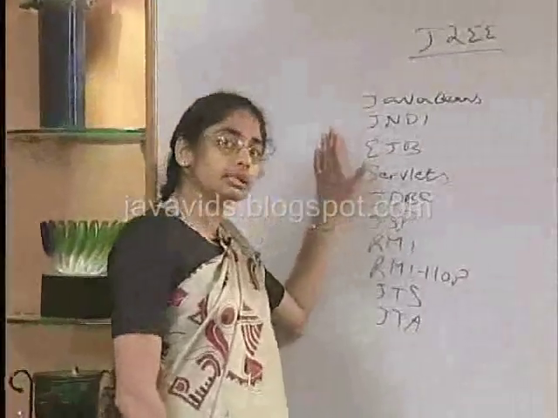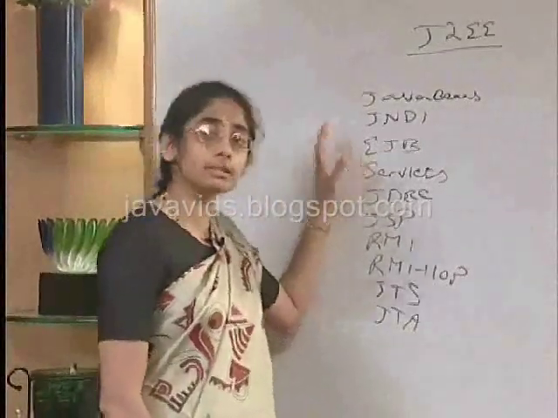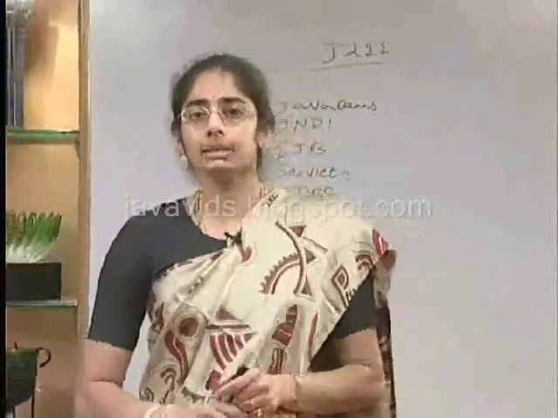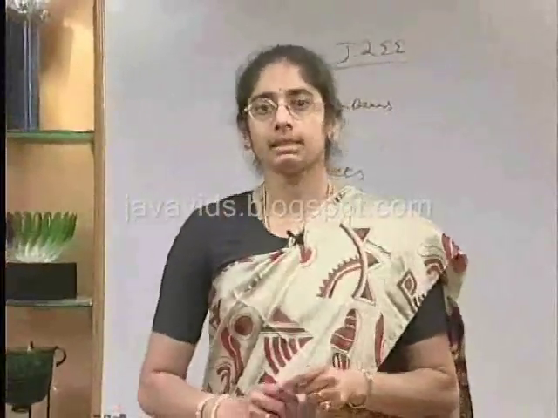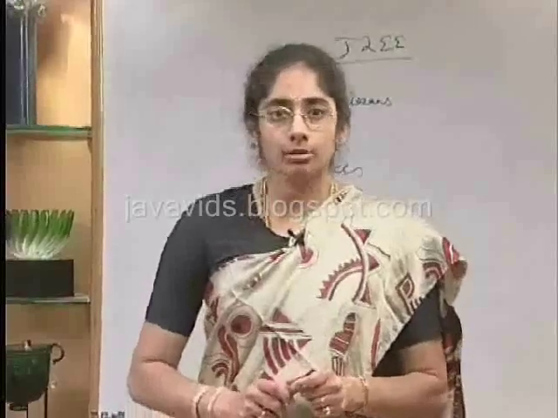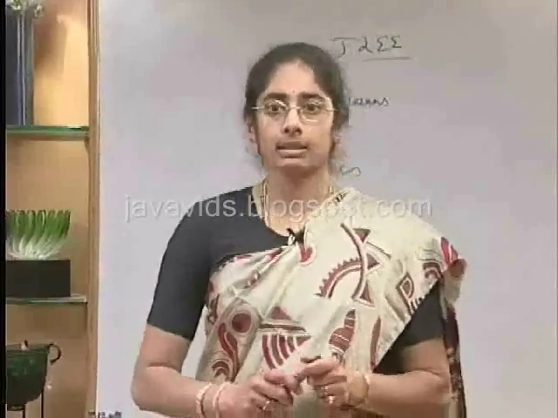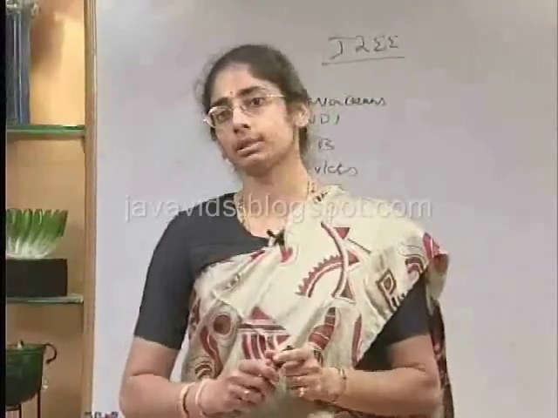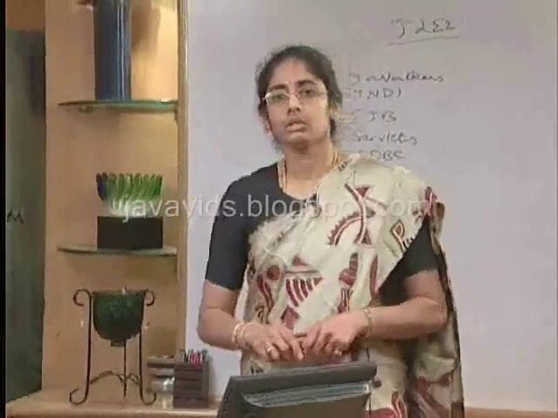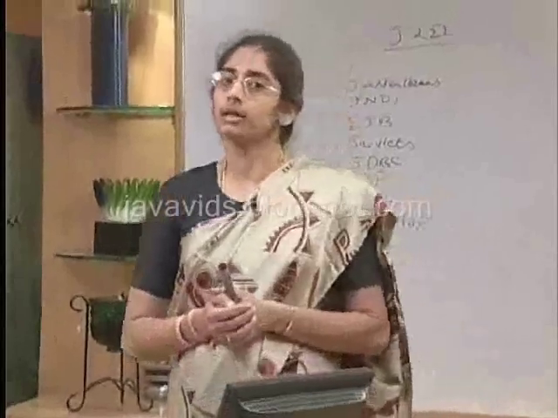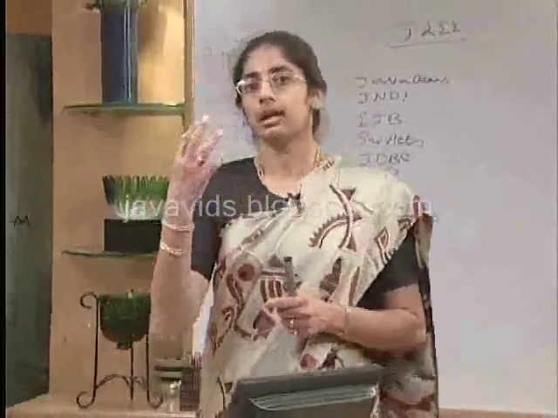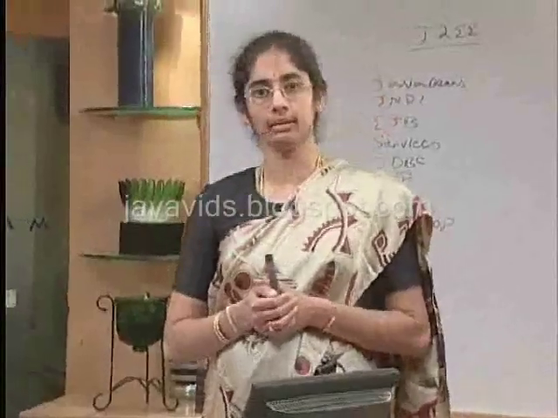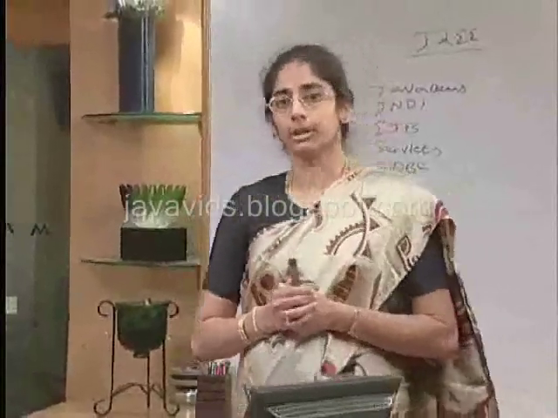So the architecture of J2EE and the specification of J2EE goes like this. The J2EE specification says nothing about how to implement the specification or how to implement the environment. All the J2EE specification says is how components should be written such that the container can handle the components.